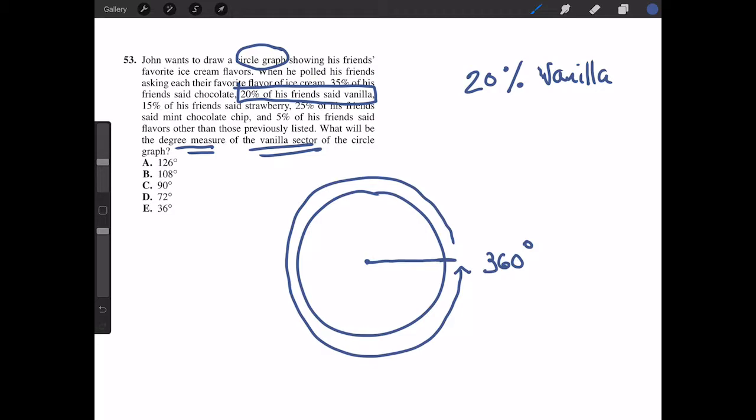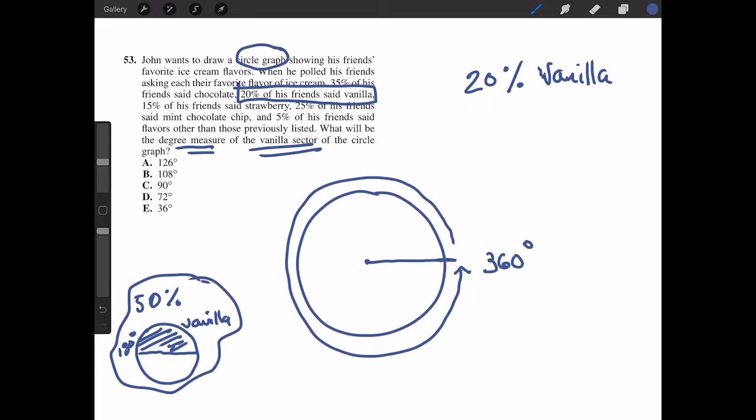In that case, assuming 50% had chosen vanilla, you would see a circle graph with half of the circle shaded for vanilla, right? So half of 360 degrees is 180. But that's not the case here. But we can use this to kind of guide us.